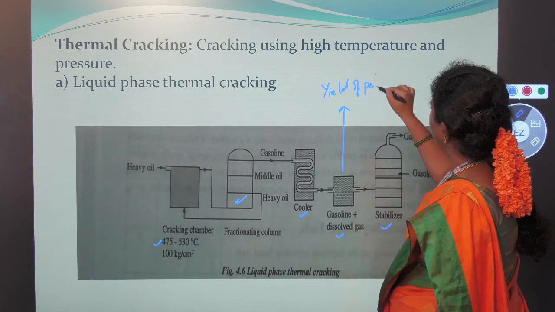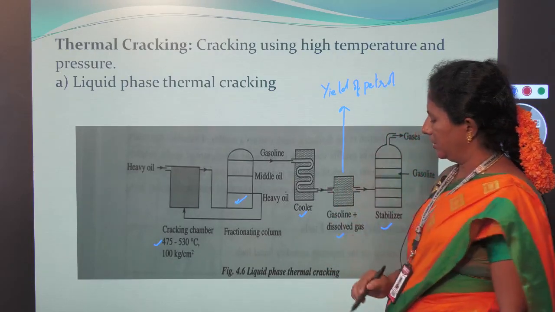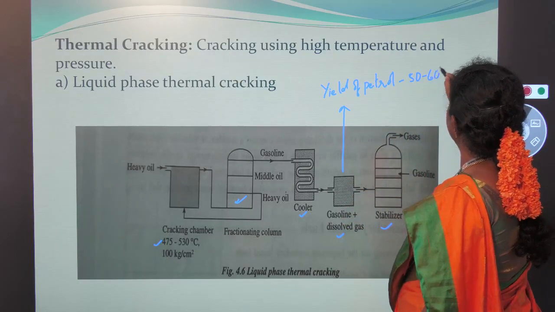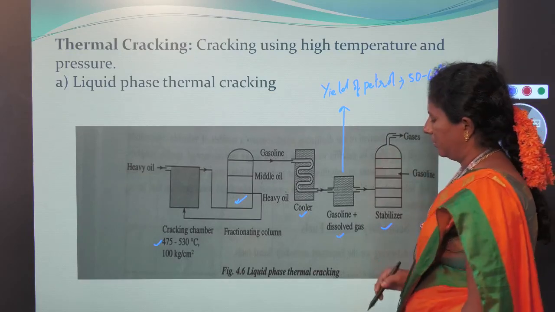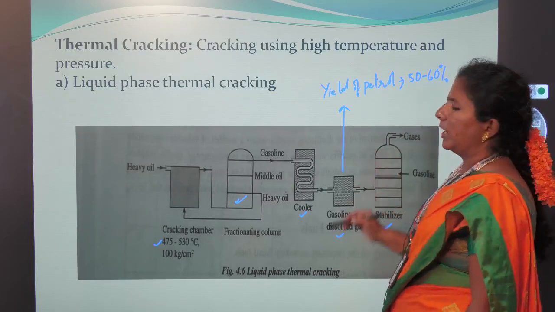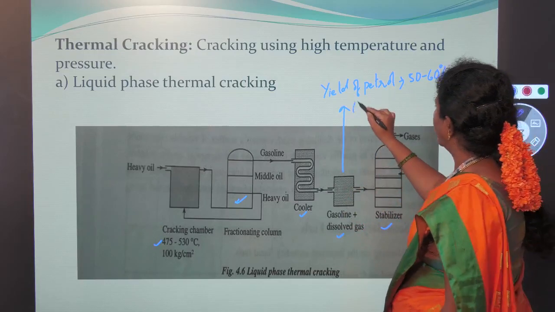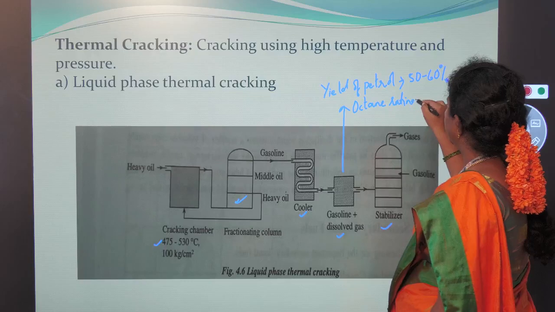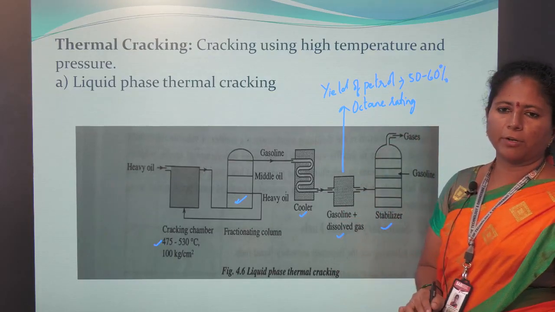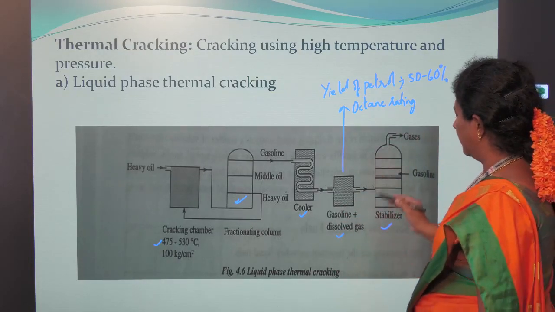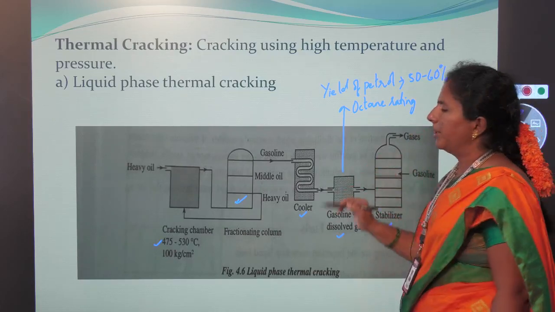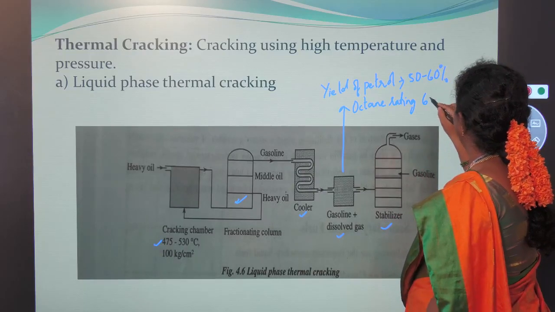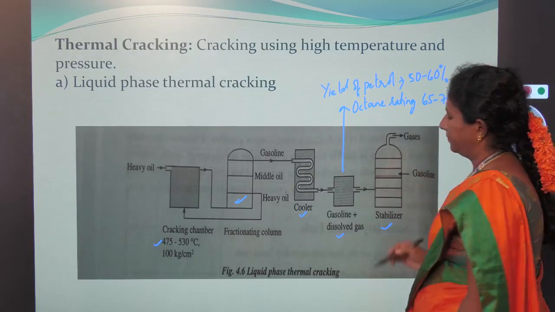The yield of petrol obtained in this process is 50 to 60%, and the petrol obtained has a better octane rating. We will discuss octane rating and octane number in detail in the next videos. The octane rating of the petrol obtained by liquid phase thermal cracking is 65 to 70.